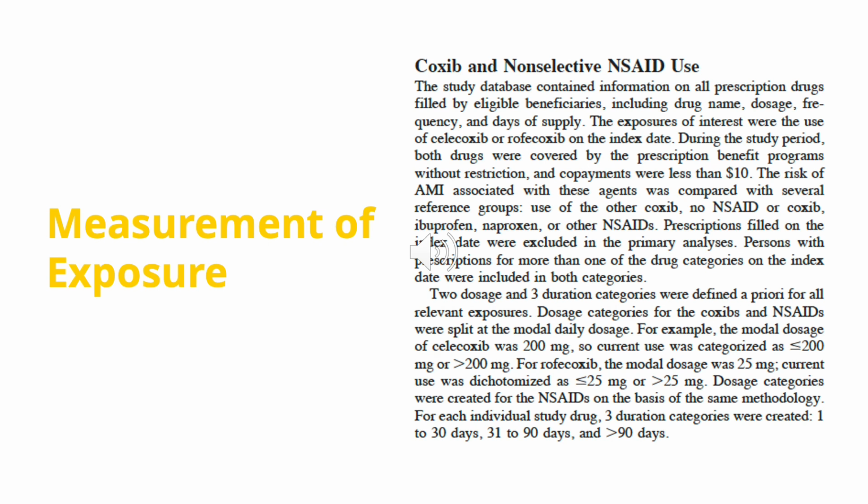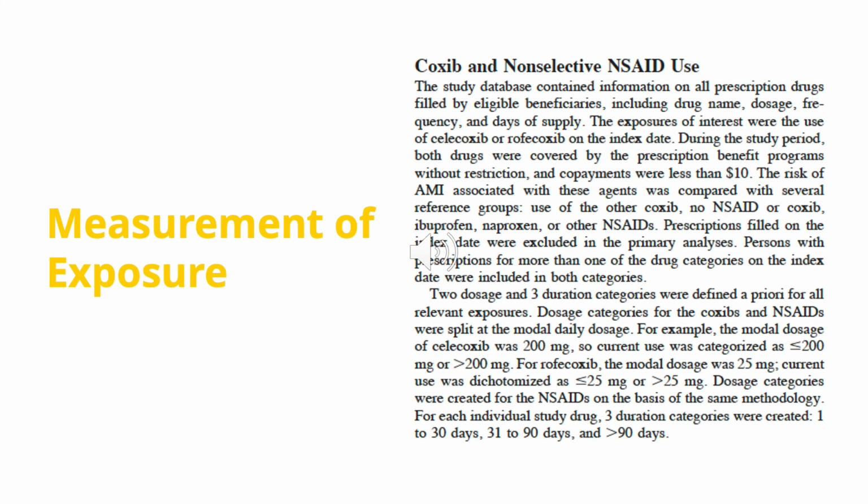In order to identify exposure in this particular study, the study investigators needed to identify use of coxibs and non-selective NSAID use. So they looked at all prescription drugs filled by eligible patients, including the drug name, dosage, frequency, and day supply.